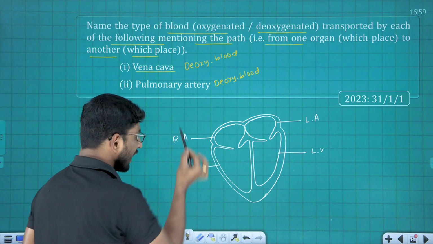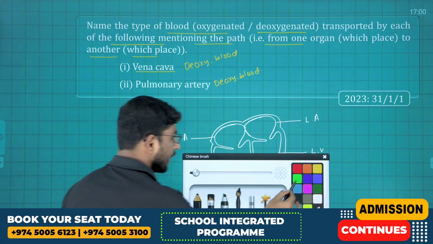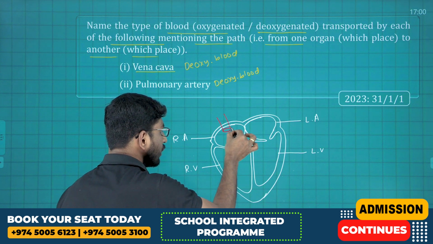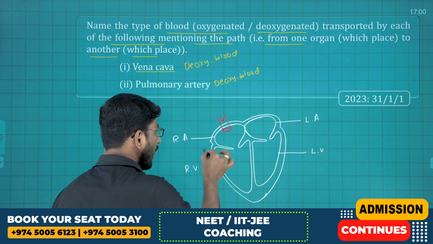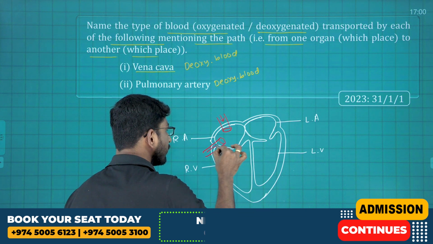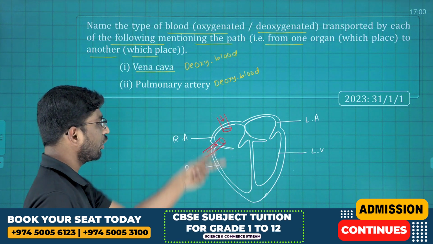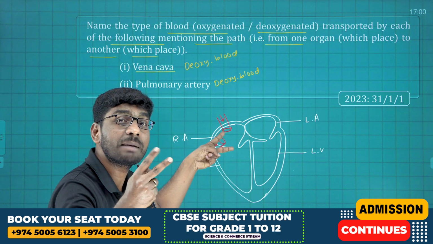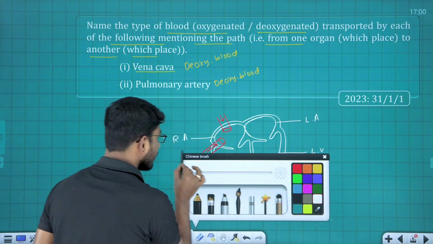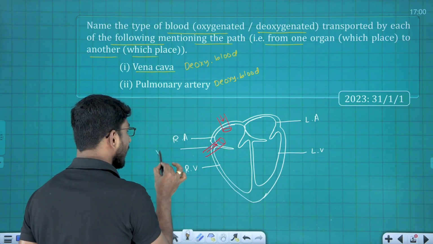Now, look here. We know in the right atrium, 3 blood vessels, actually 2 blood vessels, in the 10th grade remember. They are called superior vena cava and inferior vena cava, from the lower part of the body and from the upper part of the body. 2 deoxygenated blood vessels come and open, right? What is this blood vessel name? This is called vena cava.